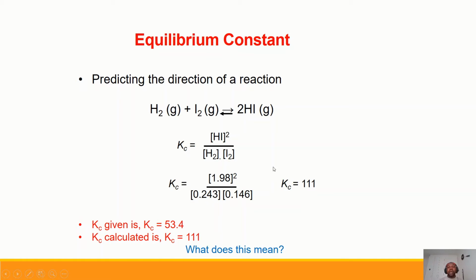We were given the concentration, so by the time you plug in the concentration into this, you get your Kc. So this is what we are given in the question as the Kc. But when we calculate, we see that this Kc is different. So what does this mean? We'll see now.